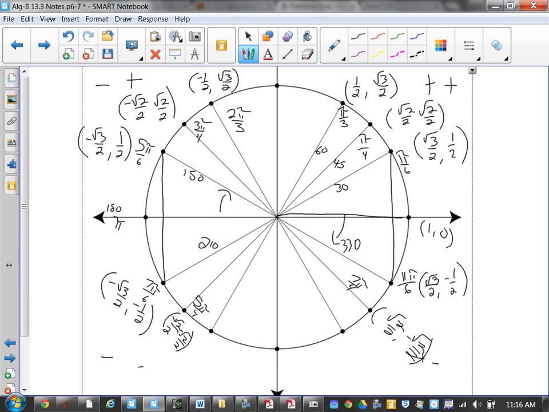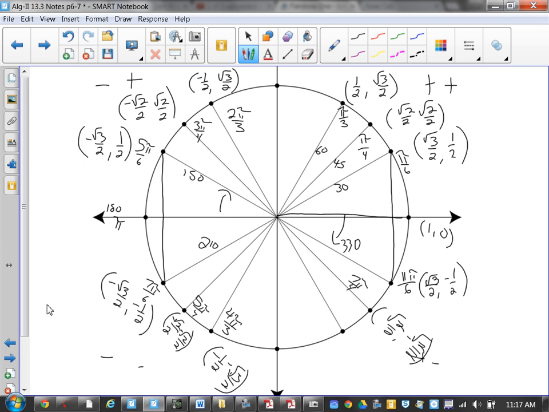Move it down, going past the third, so you'll be at 4 pi over 3. Both negative. And then be a third off of 2 pi.